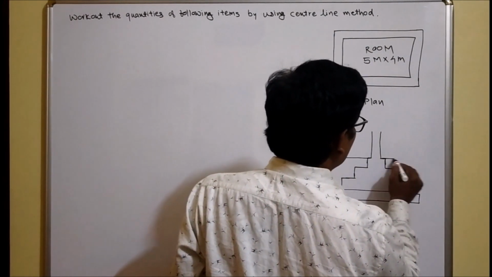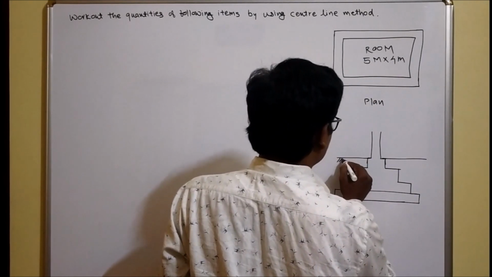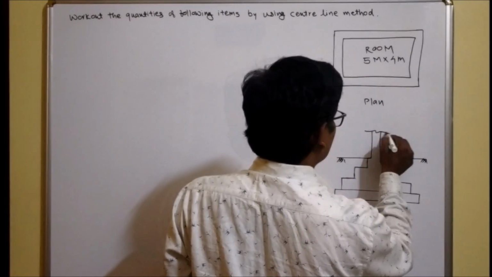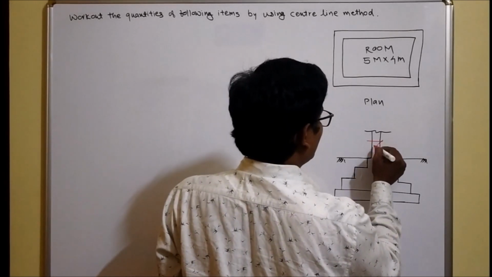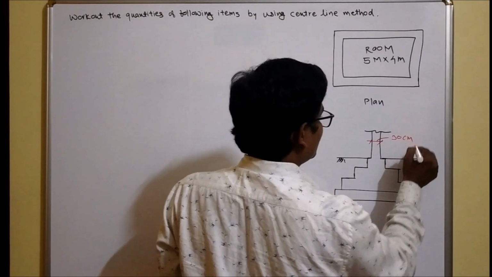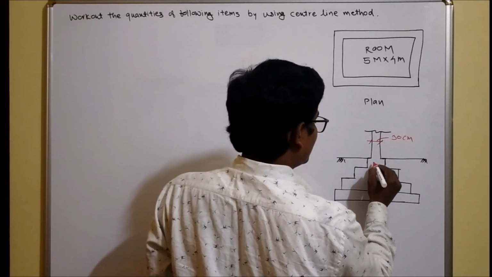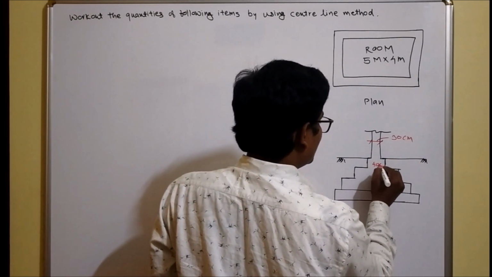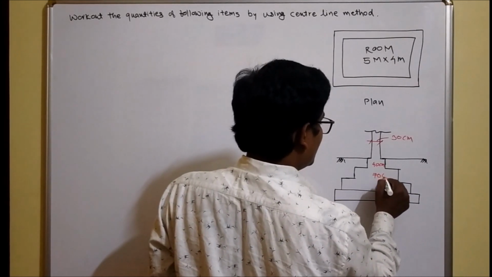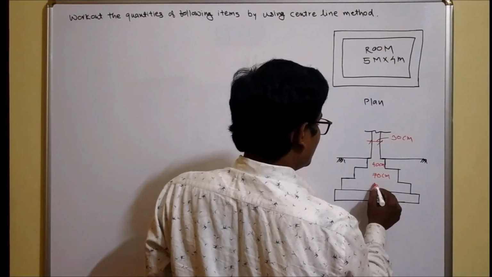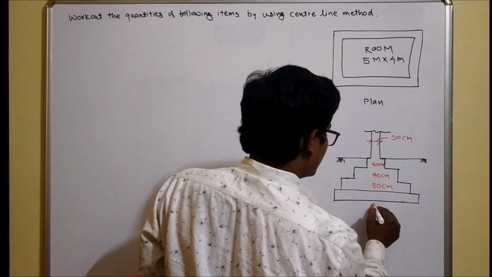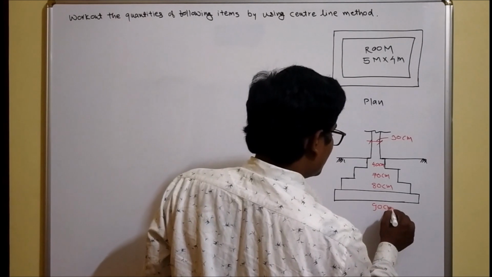So this is the ground level. The width of wall is 30 centimeter. This is 40 centimeter. This is 70 centimeter. This is 80 centimeter. This is 90 centimeter.